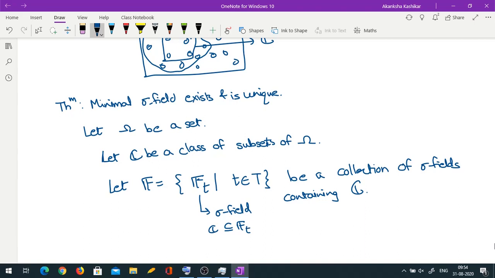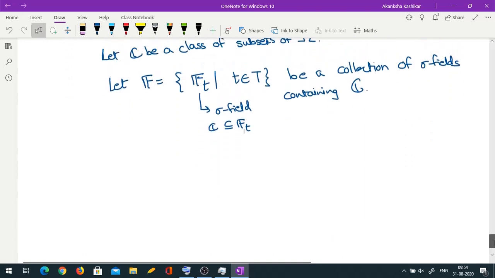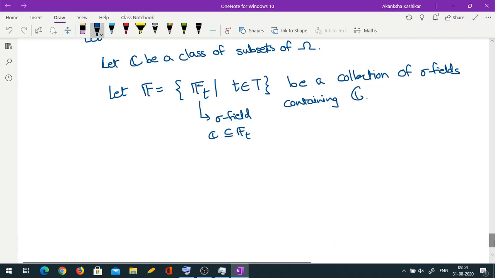Okay, these two things. Now first question, do I have at least one such F_t? Because only then will this collection be non-empty. If I have no sigma field which contains C, then this collection will be empty. But we know that power set is always a sigma field. If we haven't proved it, this is a homework. So power set of omega is always a sigma field.